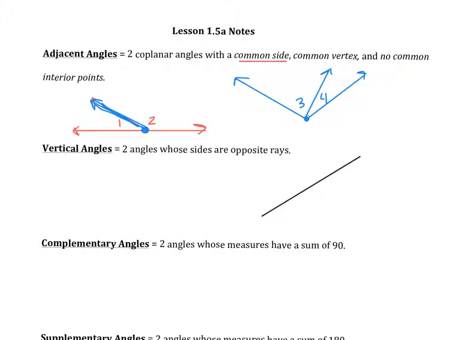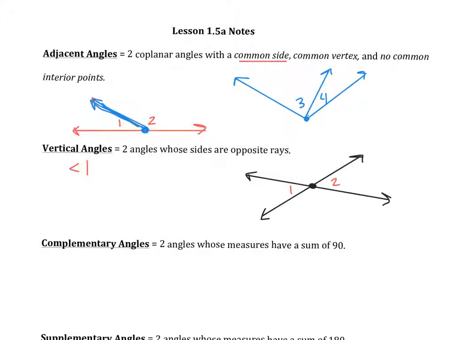We're going to just draw it like this for now. Here's the vertex. You have one pair of opposite rays going this way, one pair of opposite rays going this way. Your vertical angles would be angle 1 and angle 2, for instance. Those are vertical angles. Tomorrow I'm going to tell you more about those, but any guesses what might be true about those two angles?